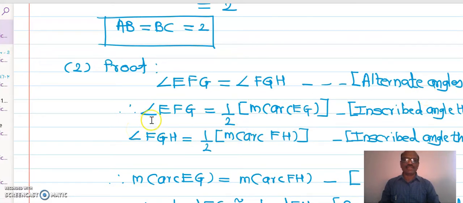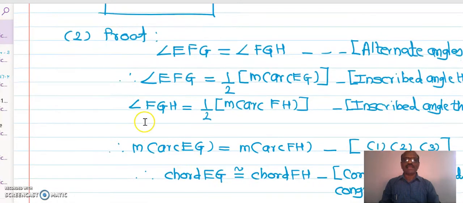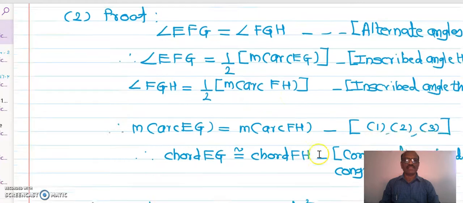Again, angle EFG is equal to 1 upon 2 measure of arc EG, that is the inscribed angle there. Angle FGH is equal to 1 upon 2 measure of arc FH, which is again the inscribed angle there.